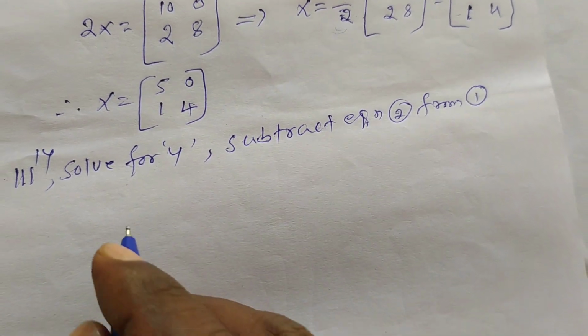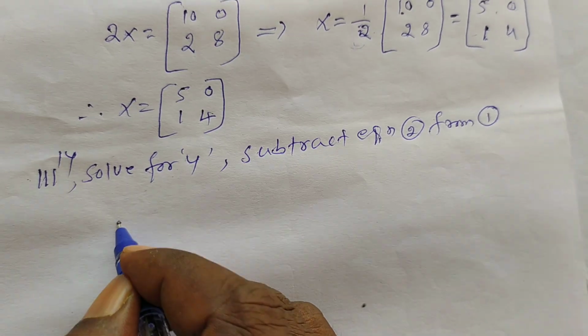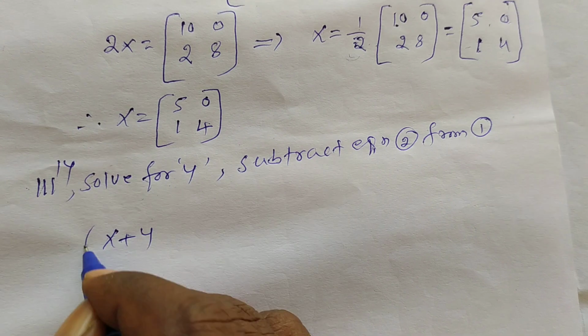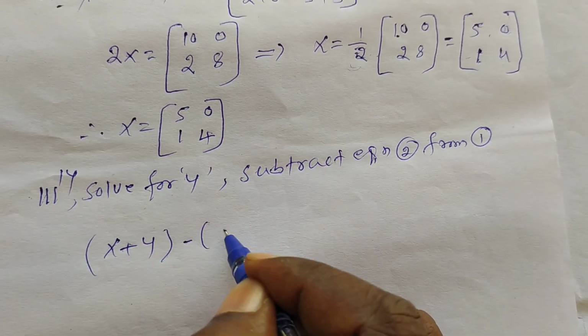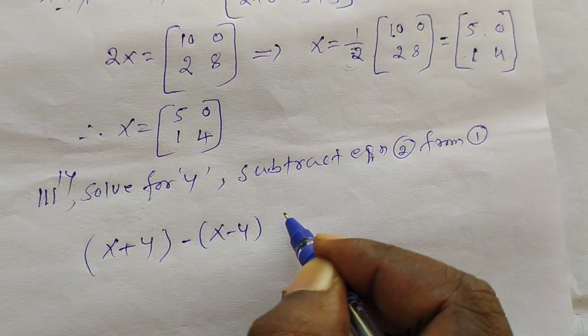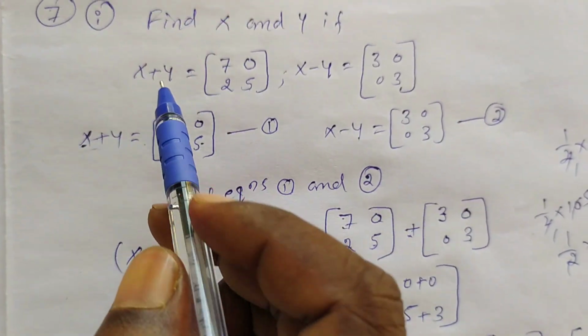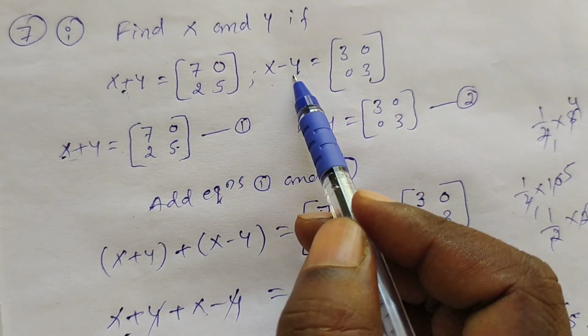Therefore, equation 1 is X plus Y minus X minus Y.